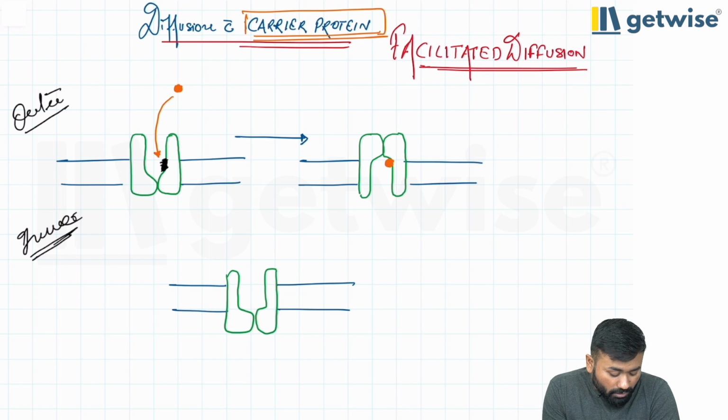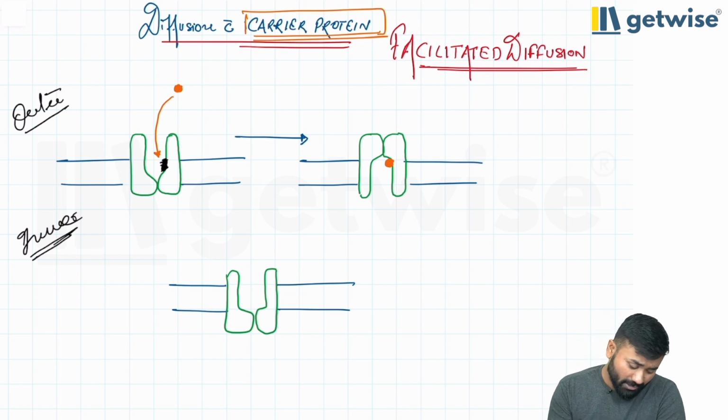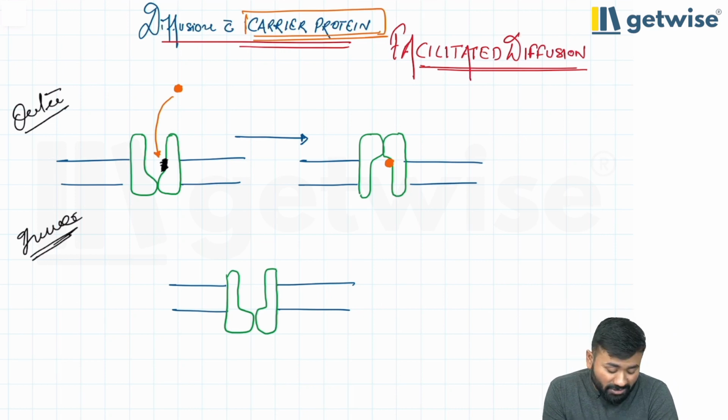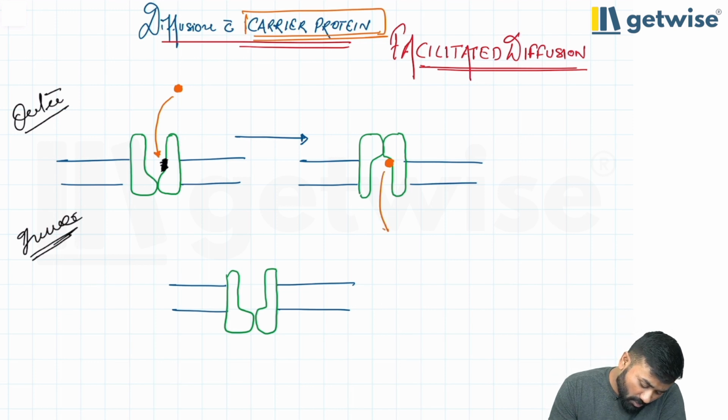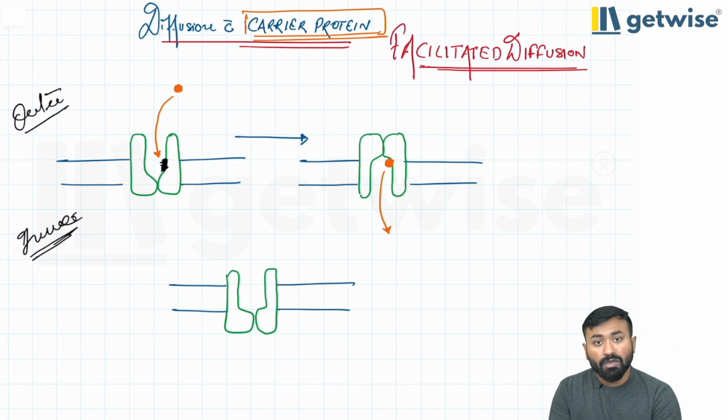Now the carrier protein is closed from the outer side and open on the inside. Due to the weak bond forces between the carrier protein and the molecule, the molecule will detach from the carrier protein and come inside the cell.